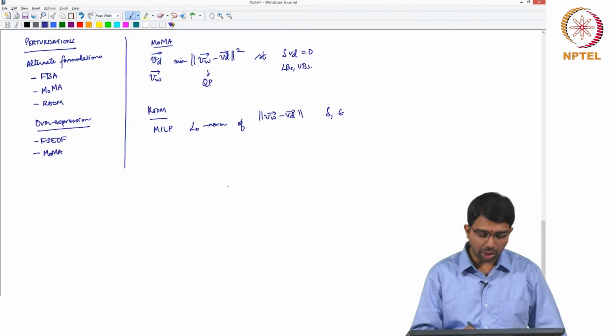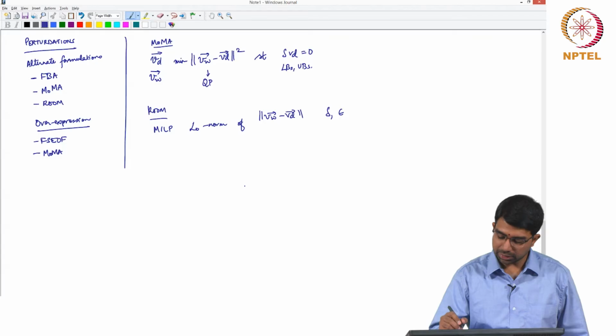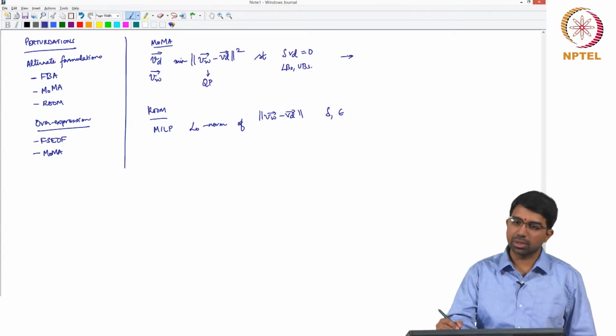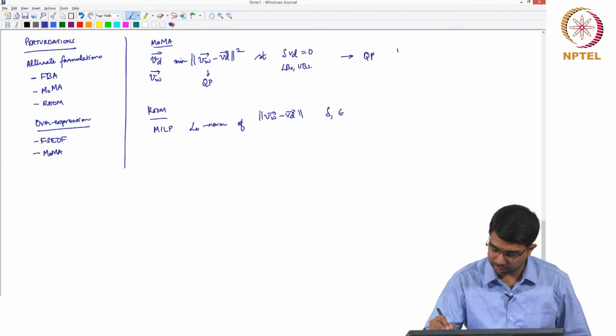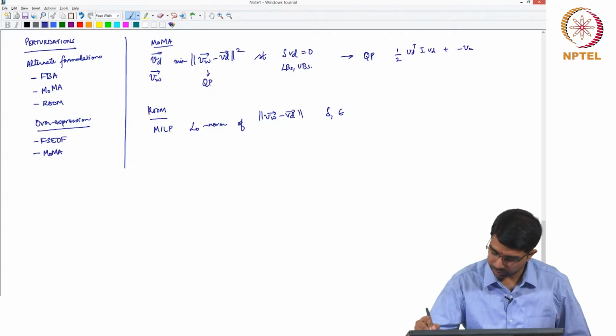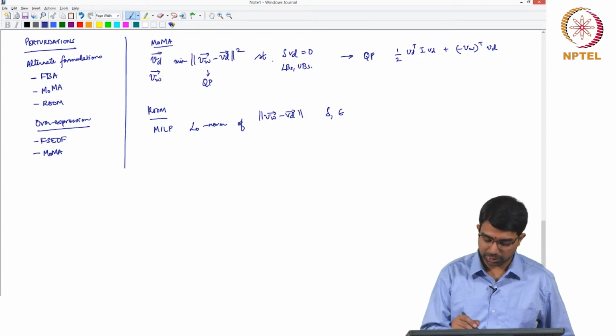So now let us look at how would you use MoMA to fit fluxes, right. We did discuss that briefly. So it becomes very similar, right. If you look at the quadratic programming formulation, it will look something like half of this, the canonical quadratic formulation, of course subject to SV equal to 0 and this whole stuff, LBs and UBs, right.